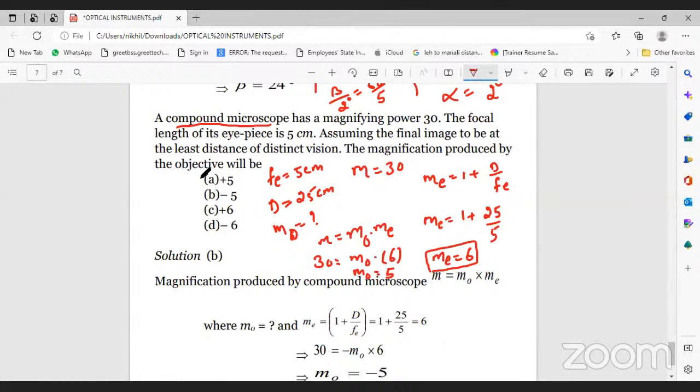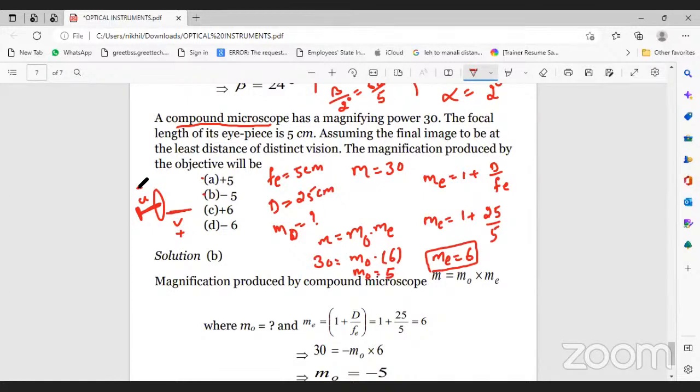But there is both option A and option B, with plus 5 and minus 5. But you know that for the objective lens, the object will be at the left side, right? Image will be formed at the right side. So V is positive, U is negative for the objective lens.